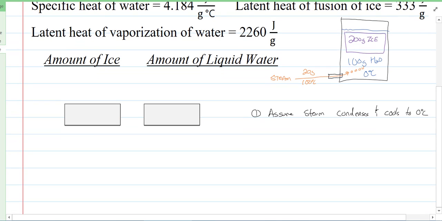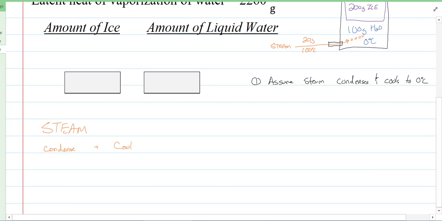So if we look at just the steam, it's got to condense and cool. Condensing, the formula would be delta HV times the amount, so Q, plus M, now it's specific heat of water, delta T for the steam.